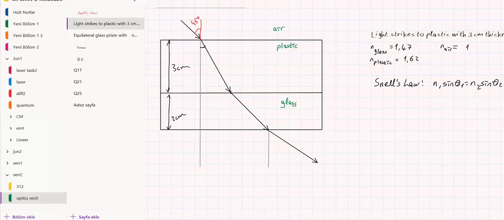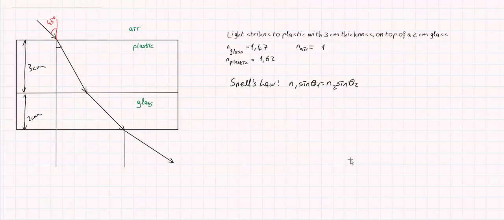Now going to the second question. These are actually your suggested problems, by the way. So I wanted to go through them for the first recitation, and it will be helpful for your quiz tomorrow. In this question, we have three media again. We have air, plastic, and glass.